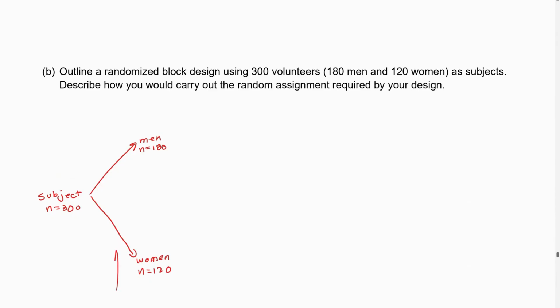All right. And again, this step is called blocking. Now, what do we do? We're going to take the men and break them into three separate groups. And this step is called random assignment.